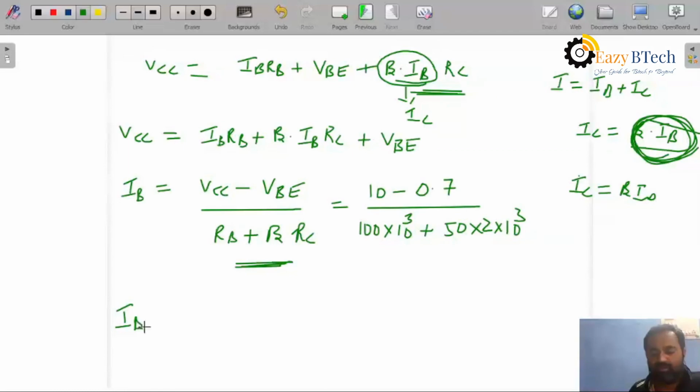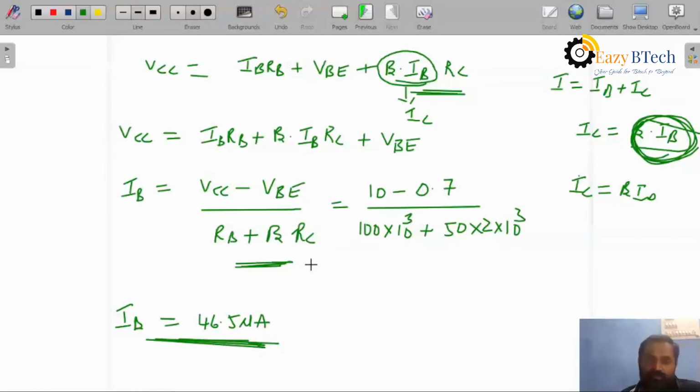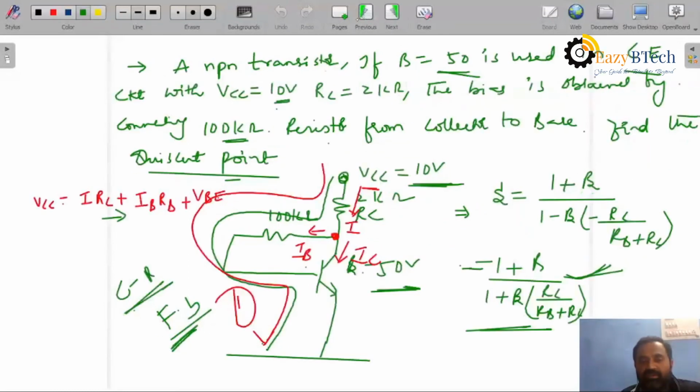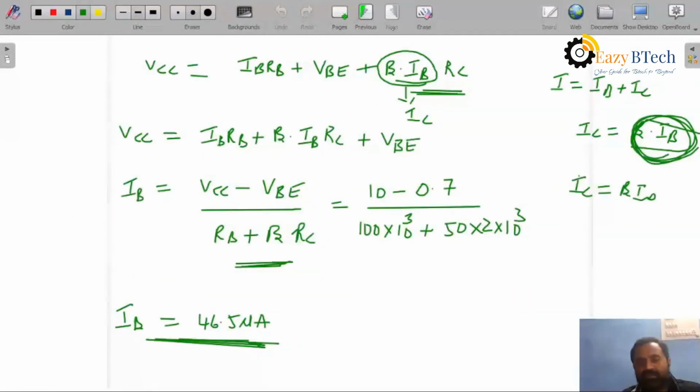You will get the value of IB, that is 46.5 microampere. This is the value of base current.